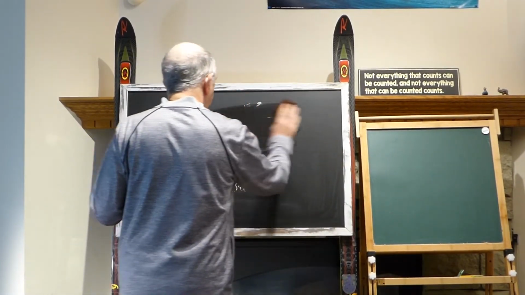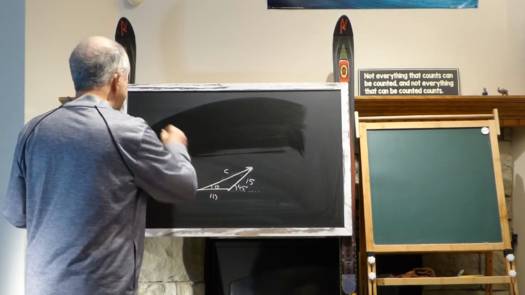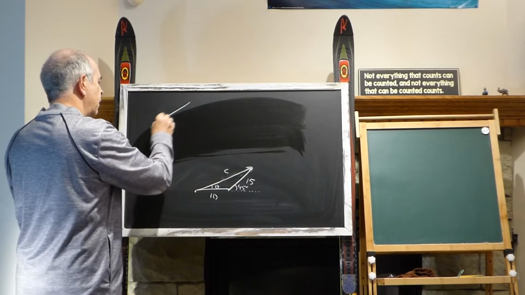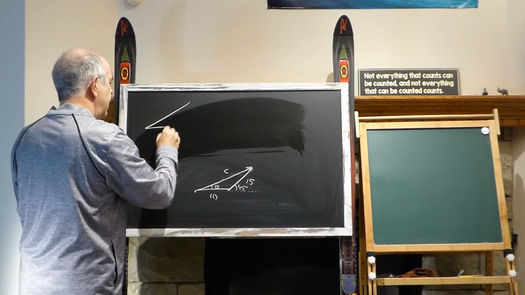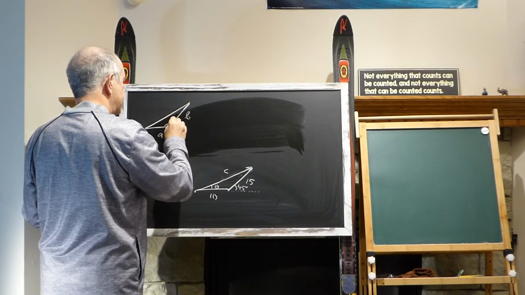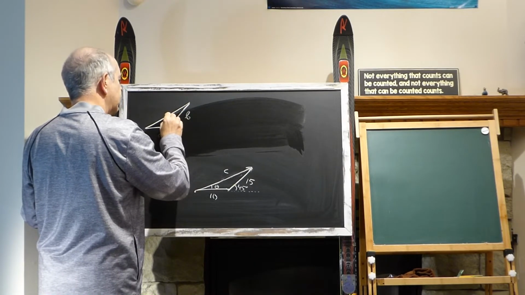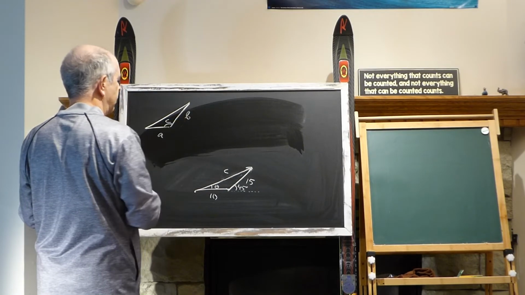Okay, I wipe it down, I look at this, and I say that there is a geometry. If this is a, and this is b, and this angle is known, right? And the angle would be C capital.